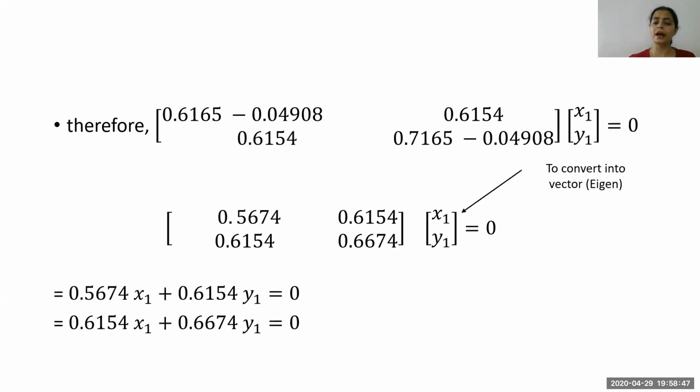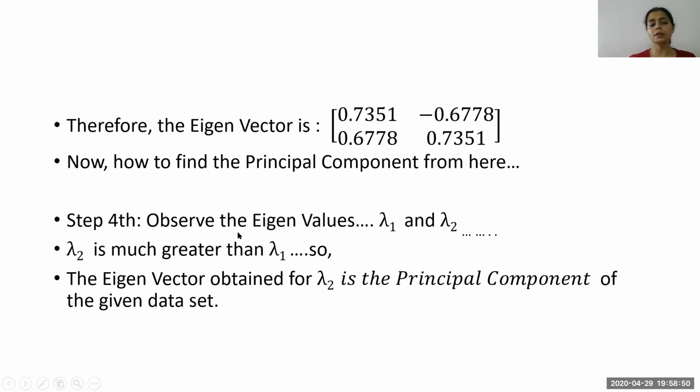Now, as a rule, we have to remember that because lambda 2 is much greater than lambda 1, the eigenvector obtained for lambda 2, the lower vector, that is 0.6778 and 0.7351, that is x2 and y2, is the principal component of the given data set, which means we can conveniently ignore the principal component for lambda 1, but we need to retain the principal component for lambda 2 in our model.